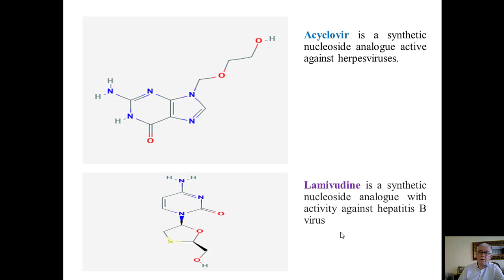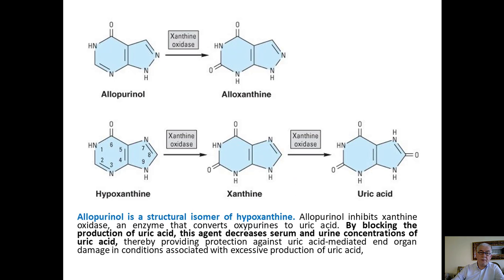Acyclovir is a synthetic nucleotide analog active against herpes viruses, and lamivudine is another synthetic pyrimidine nucleotide analog with activity against hepatitis B viruses. Another one is allopurinol. Allopurinol is a specific and unique inhibitor of xanthine oxidase and blocks hyperuricemia, and after inhibition of xanthine oxidase, uric acid production is blocked.